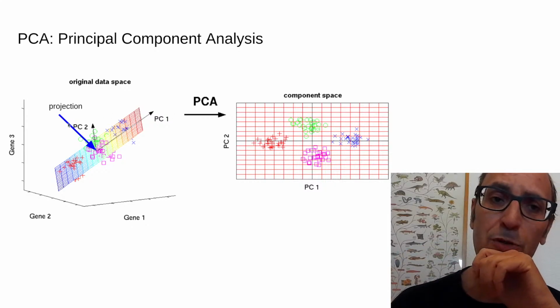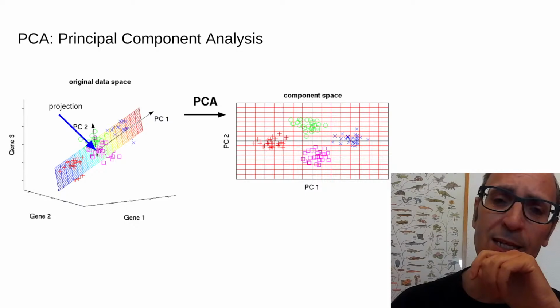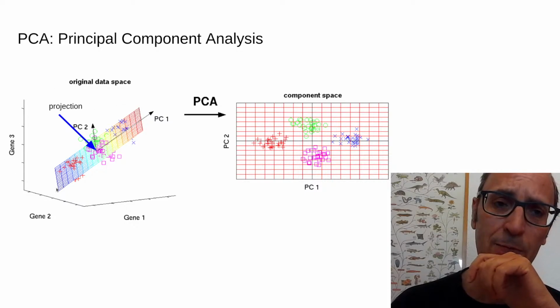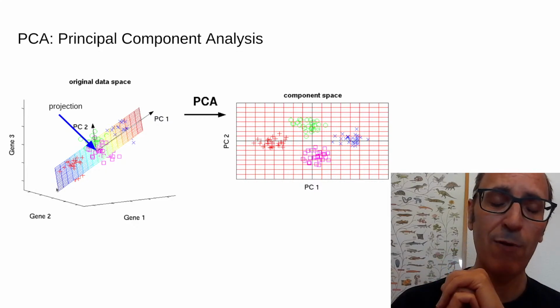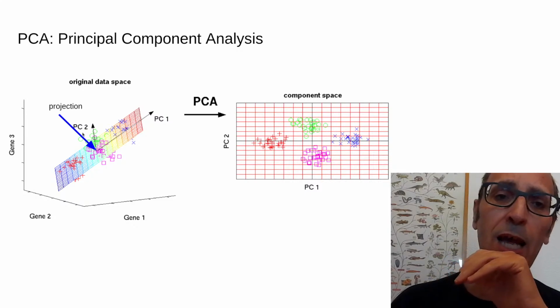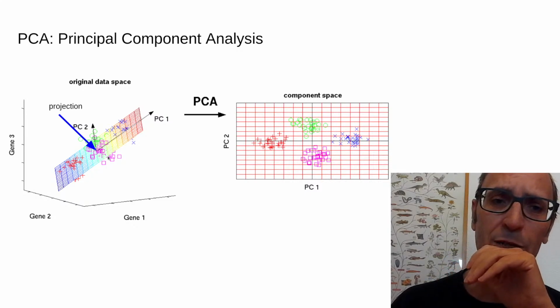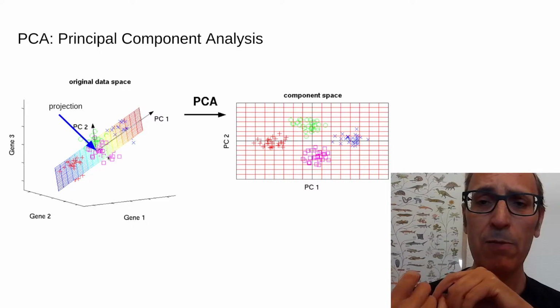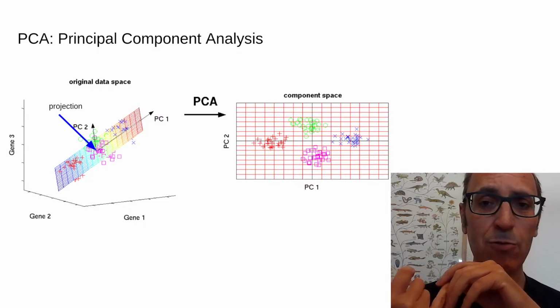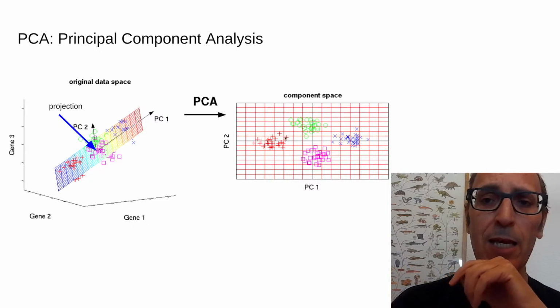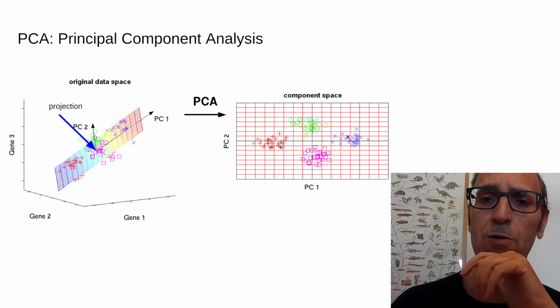It's a projection that takes a multidimensional space as the starting point. Could be 500,000 dimensions, 1,000 dimensions, it doesn't matter. And it guarantees a projection into a space of lower dimensionality, for instance, a 2D space or 3D space, that keeps as much variation as possible shown, okay?